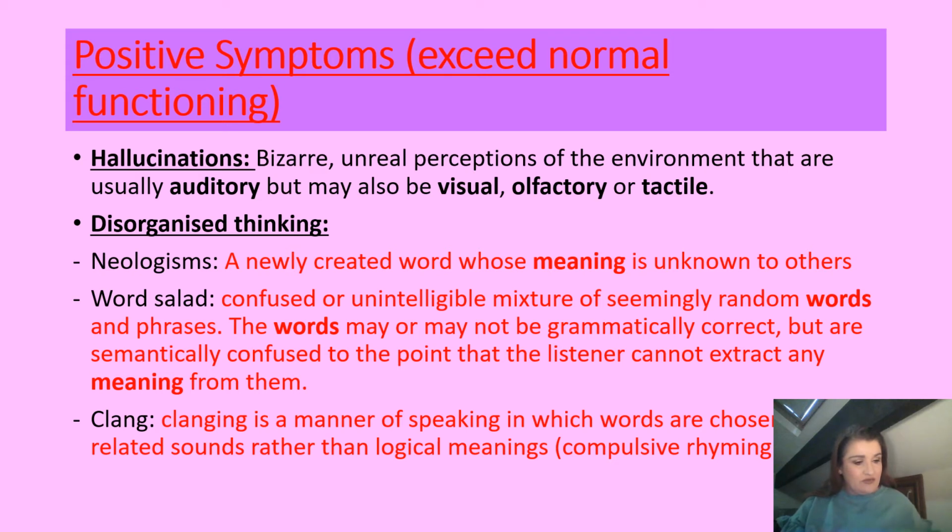another positive symptom, if we turn over in the booklet now, is disorganised thinking and speech, and we're going to add some notes to that now. So what is on the slide, if you can add that to your booklet now. Okay, with this one, when we're looking at disorganised thinking and speech, the thoughts and speech are incoherent.